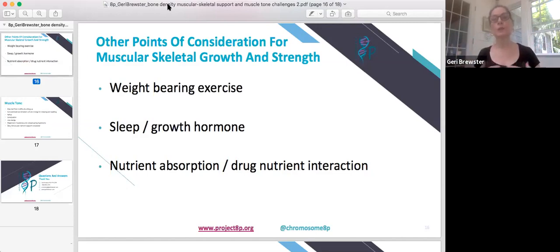And I also mentioned andropause and menopause and their influence on bone and muscle function. But when you're a little one growing your musculoskeletal system, it's all about the growth hormone, stimulating the growth plates for long bone growth.